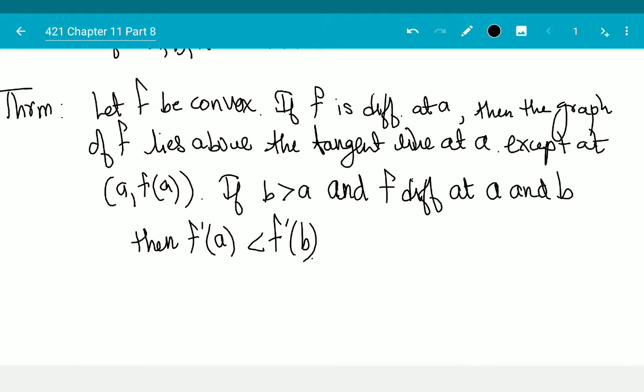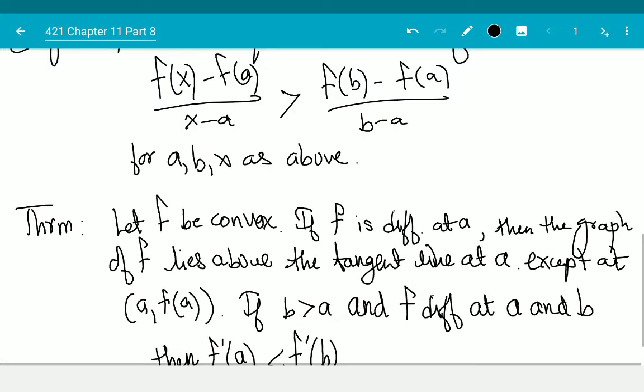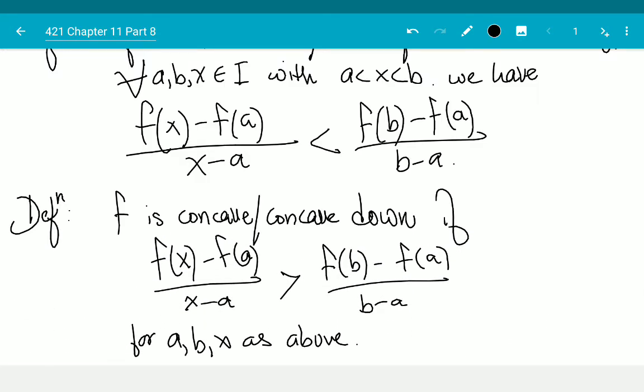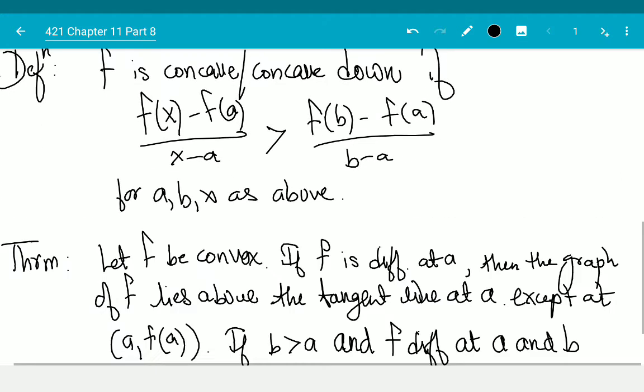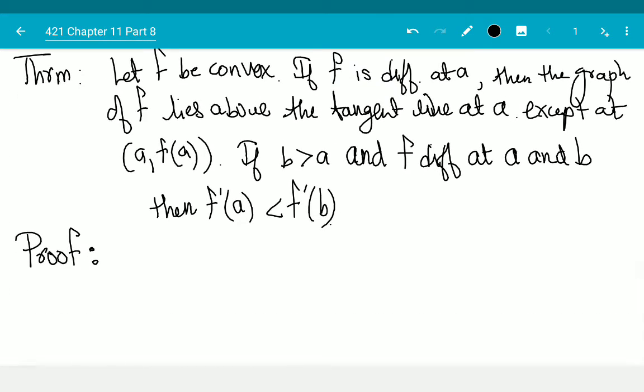Okay, so this theorem is more or less giving you the same idea as what I said before. If I look at the definition of convex, the secant line lies above the tangent line. But the only way the secant line lies above the tangent line is if f of b actually lies above the tangent line, right?